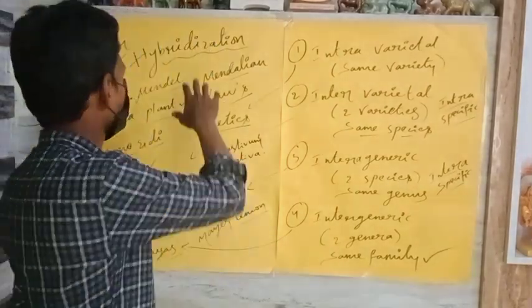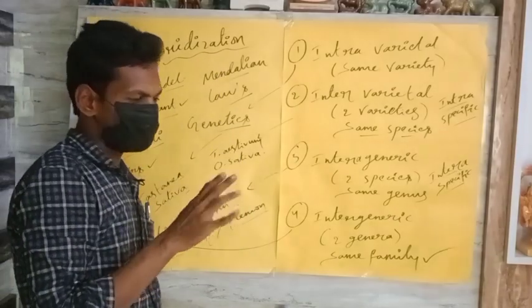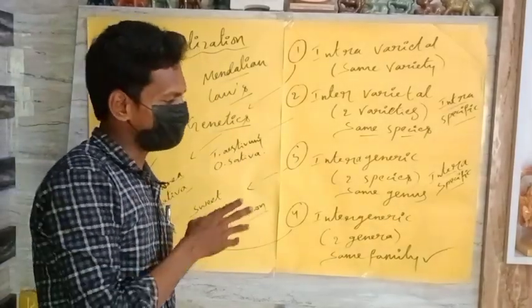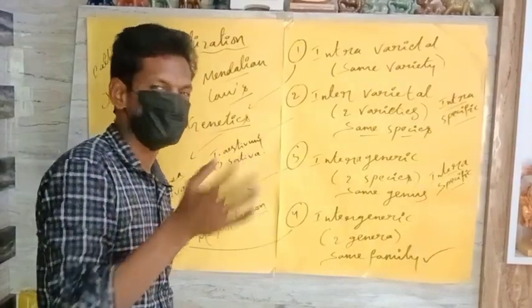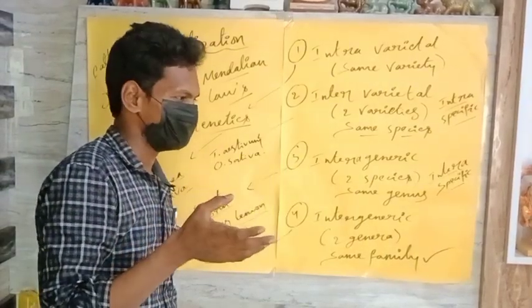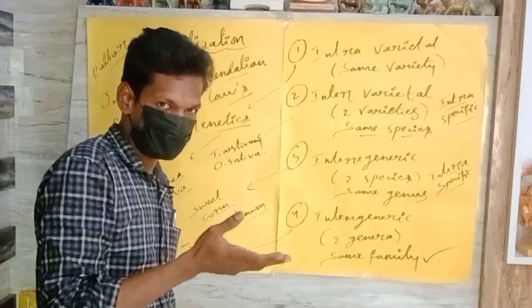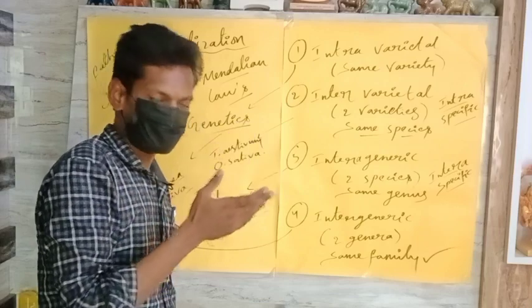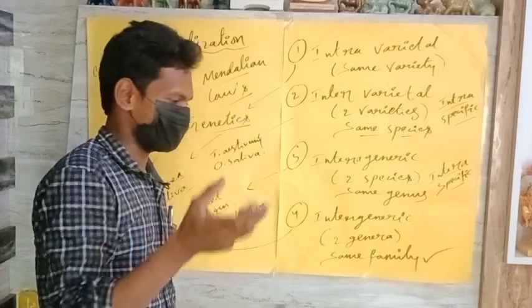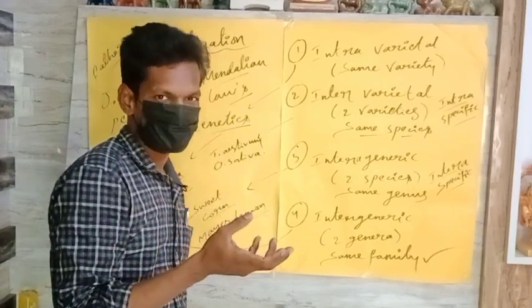Here, crossing artificially, the pollen grains from one plant are transferred to another plant. The pollination is done by humans, artificially. Then it results in fertilization, then formation of fruit.